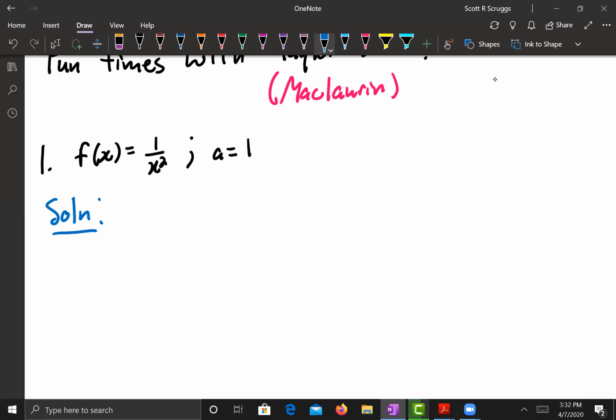I want you to recall that all a Taylor series is, is essentially the power series and a Taylor polynomial combined together. Or the way I thought about it when I was learning this the first time, Taylor polynomials and power series had an ugly baby, and that ugly baby became a Taylor series.